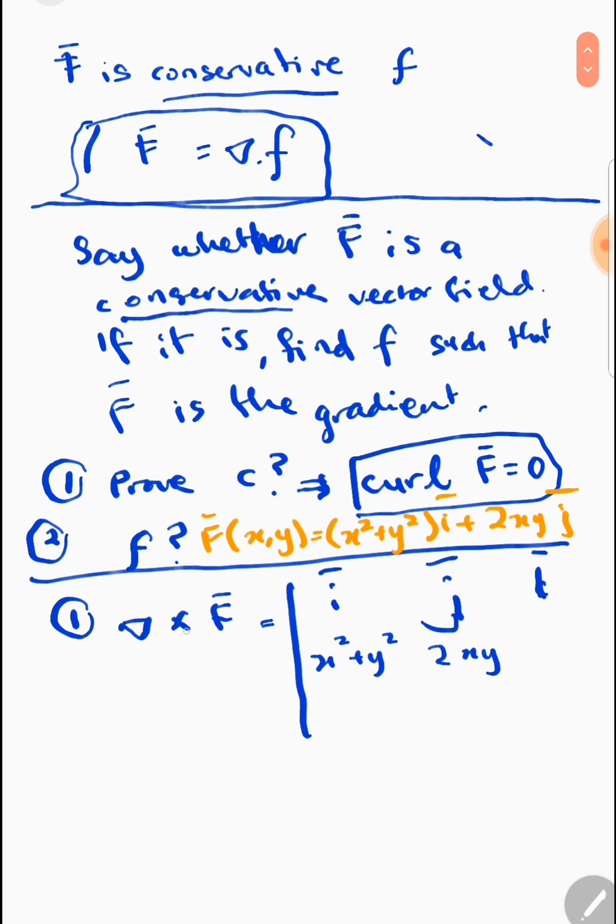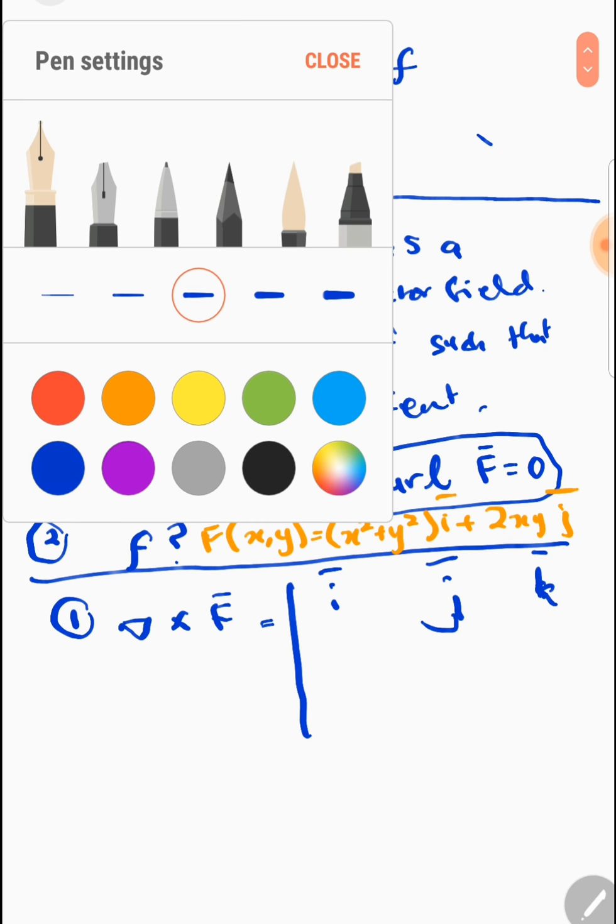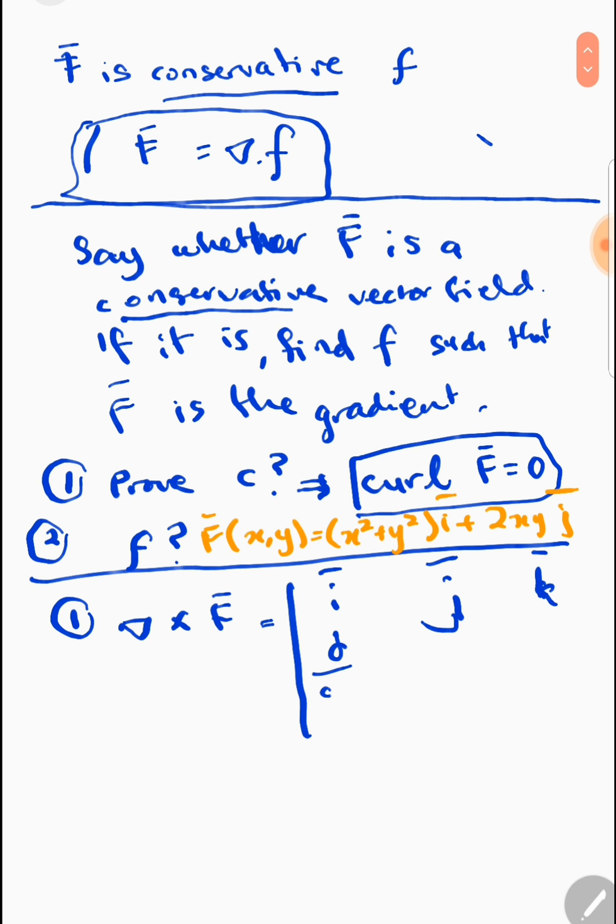Remember, it's nabla cross F. I have i, j, k in my first row. My second row should actually be d over dx, d over dy, and d over dz.